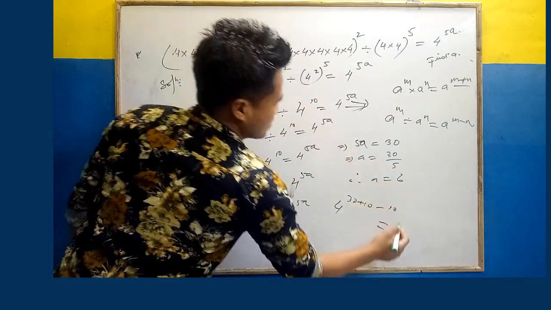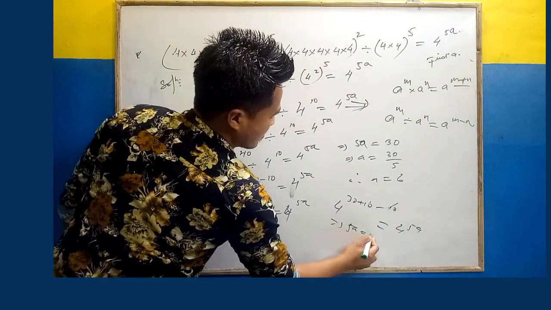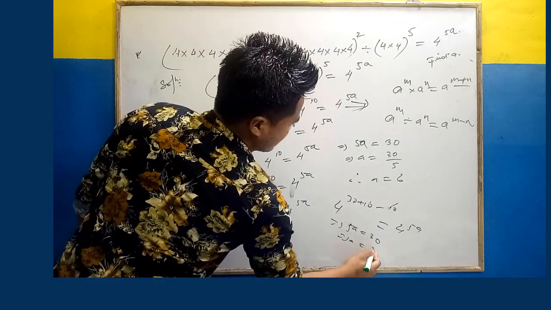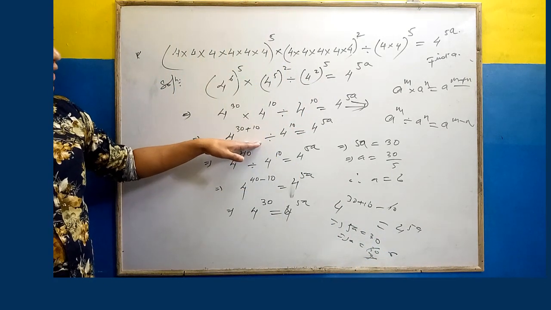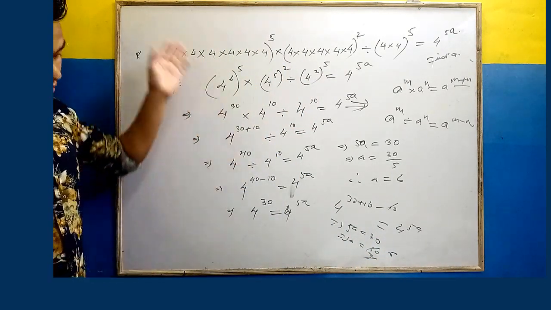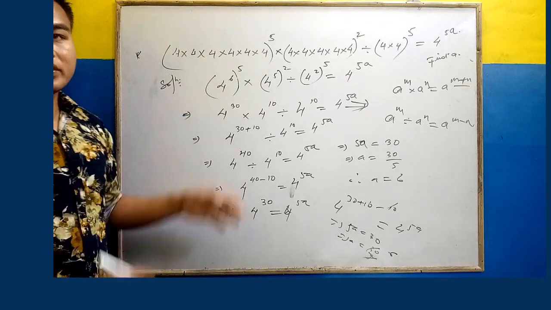So this equals 4 to the power 5a. This and this cancel, so 5a equals 30, so a equals 30 divided by 5, which is 6. Like that you can start directly from here, but I solved it step by step because it is easier for you. With that, we finish this question.